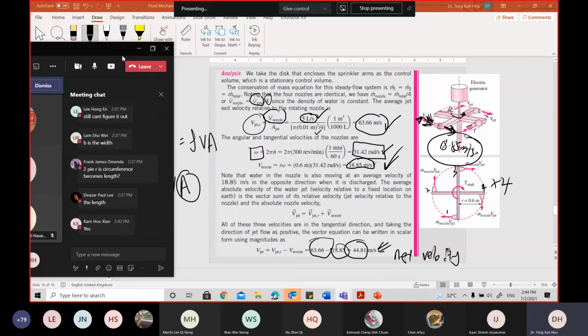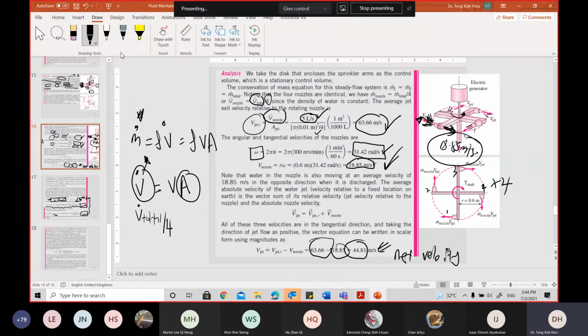So you know that in my velocity on this circle, I got one direction, 63.66 in this direction. I got 18.85 in that direction, right? So why this Vjet? Because they want to get the net velocity. So you go in this 63.66, I go backwards, I got 18.85.